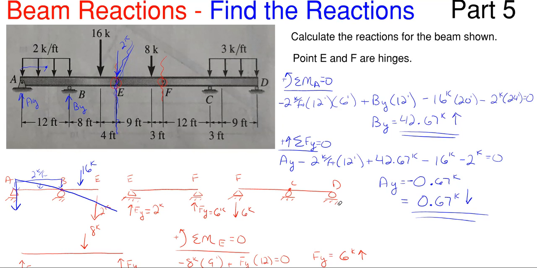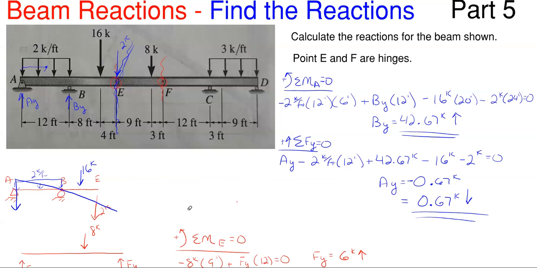Alrighty. So before you move on to the right segment, because the only reactions we have left are at C and at D, it is always good to double check the little section that you just worked with. It's just like any other check that you would have for a beam.